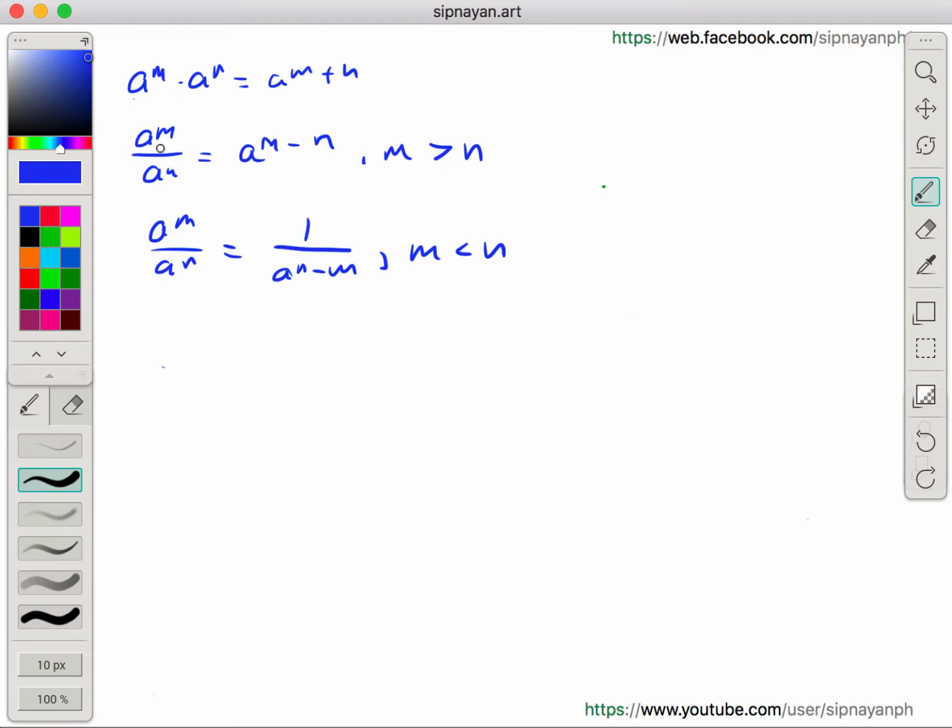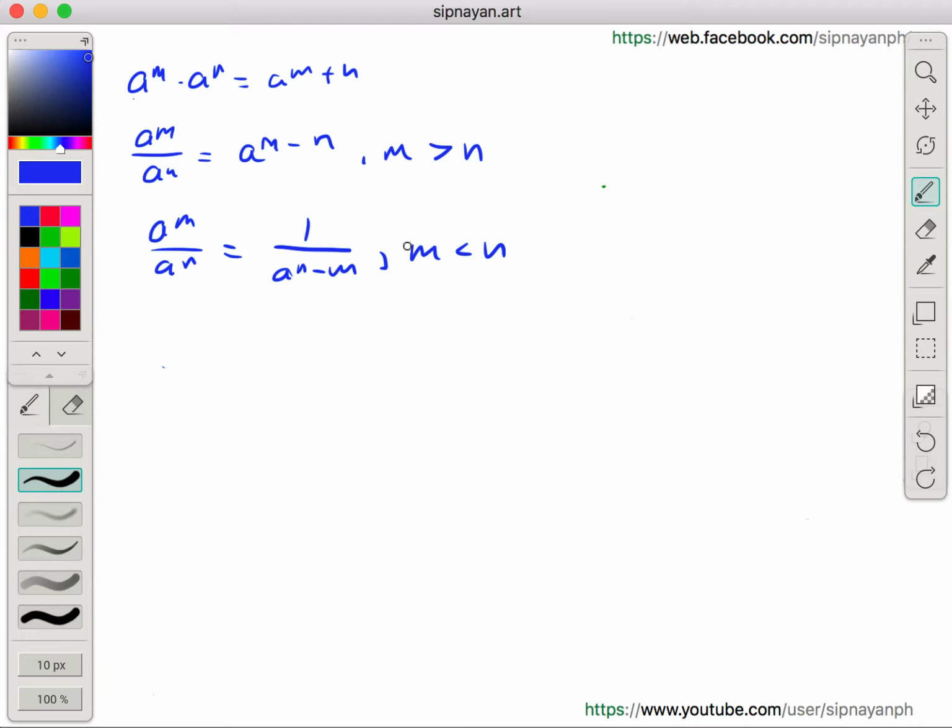And pag i-divide naman natin, pag mas malaki yung exponent sa numerator kaysa sa denominator, i-minus lang natin siya. And on the other hand, kung mas malaki naman yung denominator kaysa sa numerator, yung exponent, so it should be the reciprocal of this one. So, hindi ko na masyadong i-detalye dito kasi na-discuss ko na yun sa previous videos.